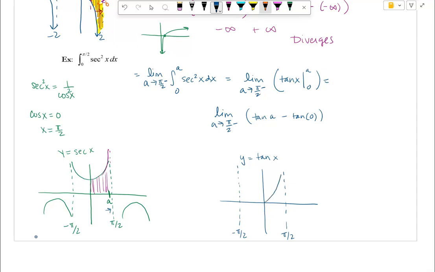So tangent's undefined. So the tangent of a, as a approaches pi over 2 from the left, is going to be infinity. So we have infinity minus 0, because the tangent of 0 is 0. And so again, this diverges.